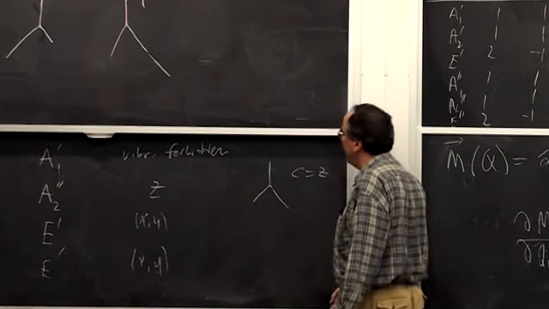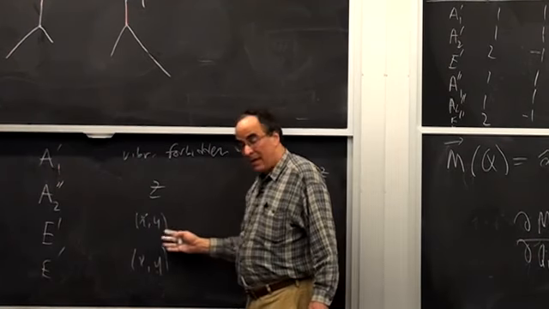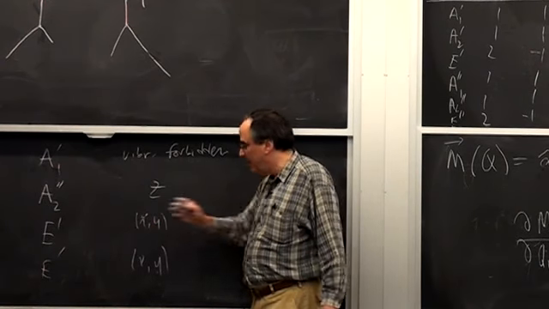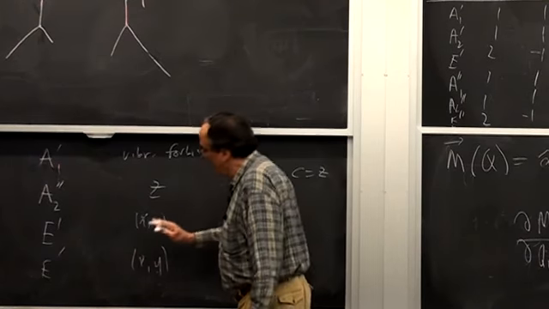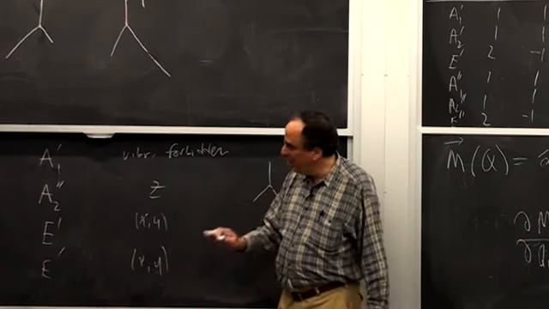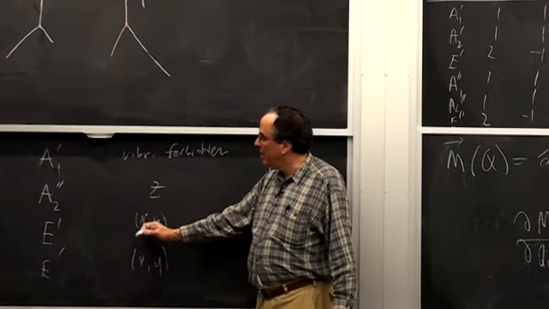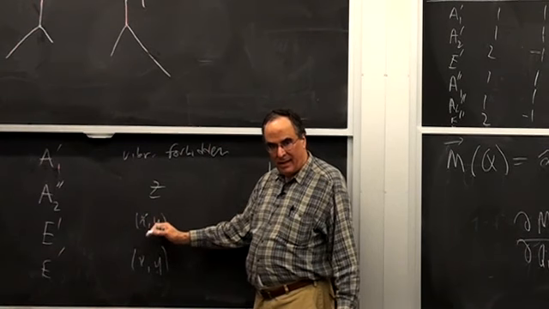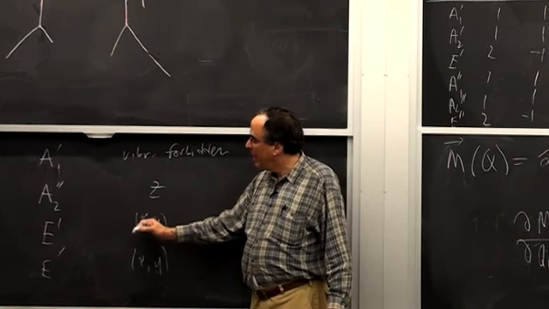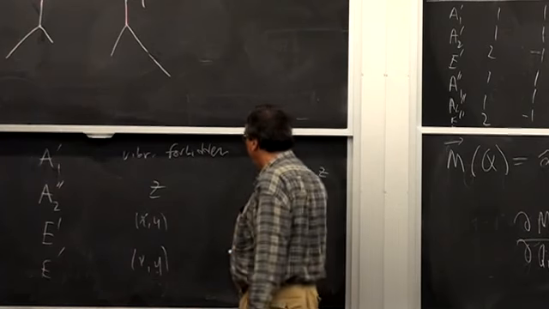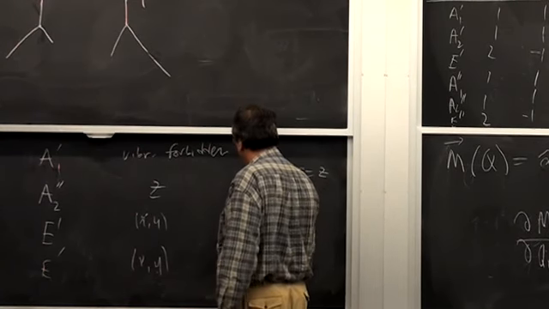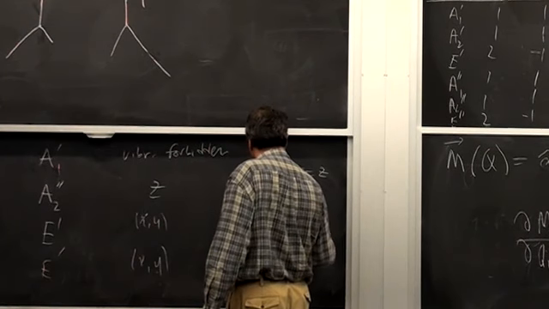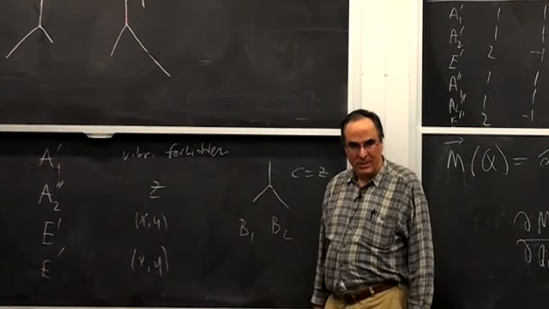And in many cases, because it's a doubly degenerate irreducible representation, there's almost always a problem about ambiguity about what X and Y correspond to. And the only cases in which you have problems is when you have B1 and B2 irreducible representations.